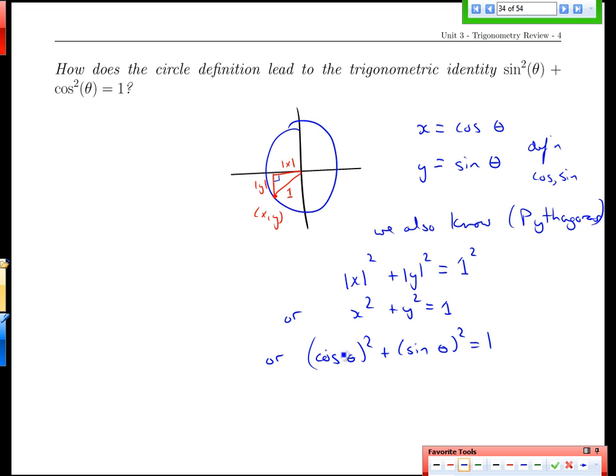And so, just remembering what cos squared means, cos squared theta is simply a short form for cos of theta all squared, as sine of theta all squared can be written in short form as sine squared theta, and we have our identity. So starting from a Pythagorean triangle, right angle triangle formula, and recognizing that x and y can be interpreted as cos of the angle around the circle and y as sine of the angle, we get to the identity cos squared plus sine squared equals 1.